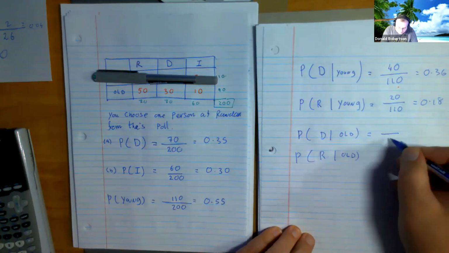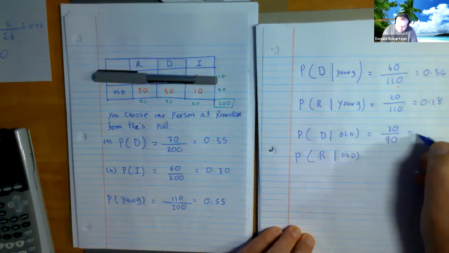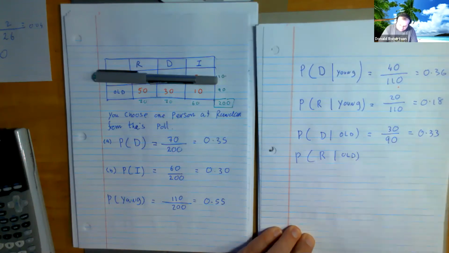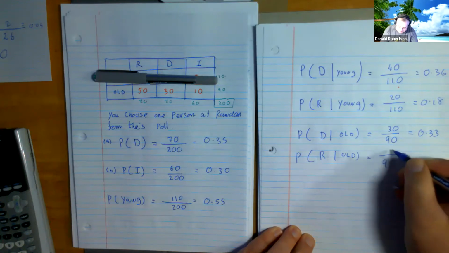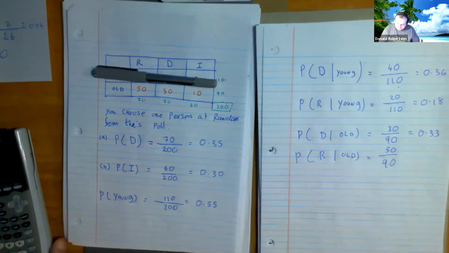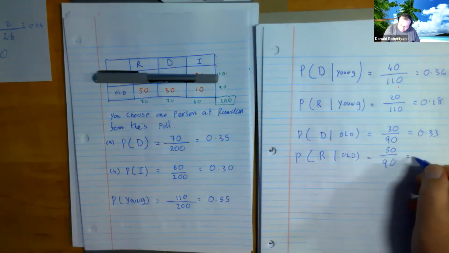And so there's only 90 people to choose from, 30 who are Democrat, that's 33%. And in this one, there are 90, but 50 of them said they were Republican, so 50 divided by 90, I get about 56%.